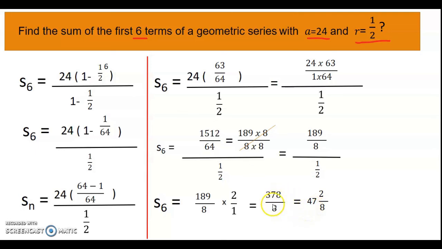And here 378 divided by 8, we will get 47, and our remainder is 2 over 8. Since 2 over 8 can be simplified to its simplest form, then our answer is 47 and 1 over 4, or 1/4. So this is our final answer: 47 and 1 over 4.